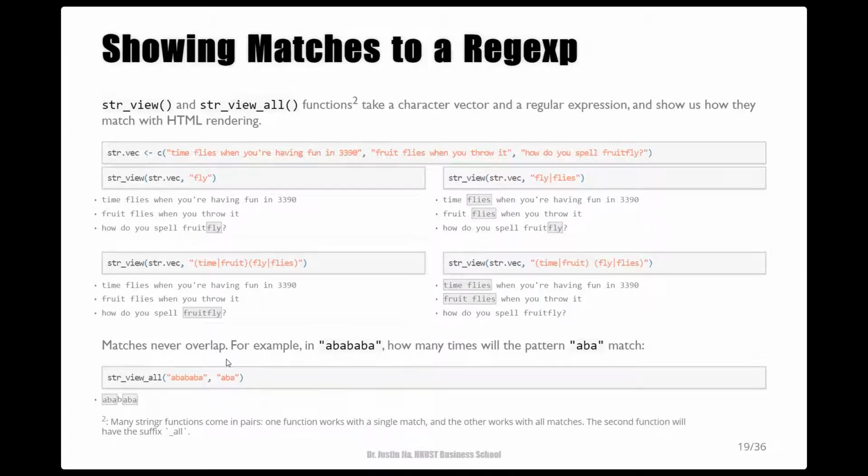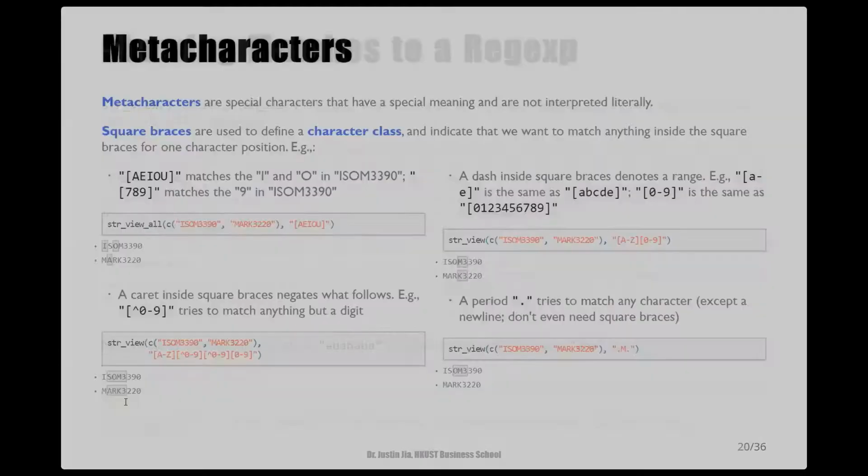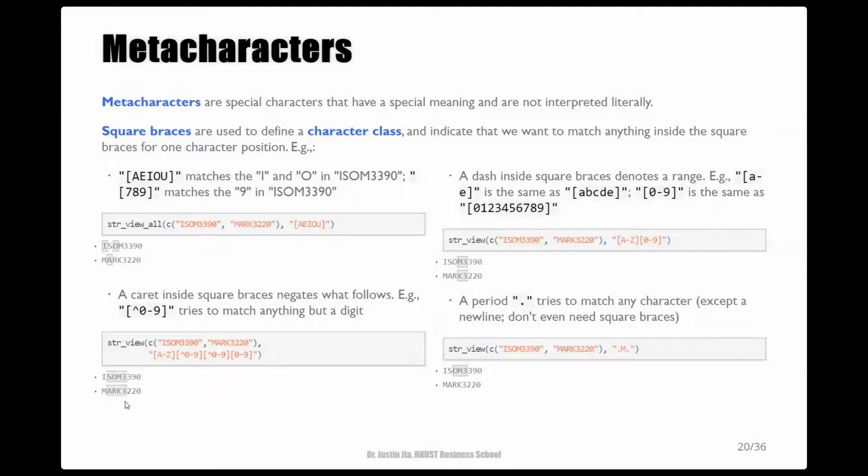For example, in this string, this regular expression won't match this substring because it has some parts overlapping with the former and the latter matched substrings. Next, I will introduce several types of meta characters that we can use to construct more complex patterns.